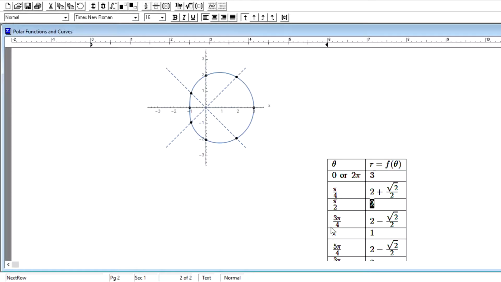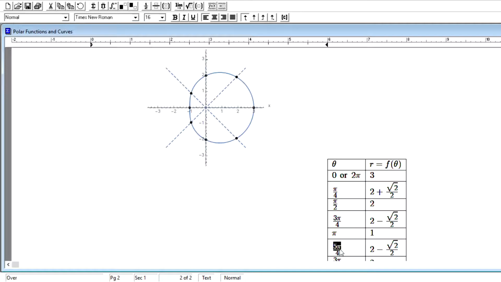And as we cycle around to 3 pi over 4, that puts us on this radial arm at a distance of 2 minus the square root of 2 units away, which would put us at a distance right there from the origin. And at the value of pi, we do see the value of r equal to 1. That puts us on the negative portion of the x-axis, and we are going to be at a distance of 1 unit away from the origin.